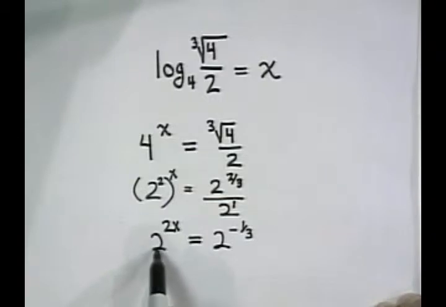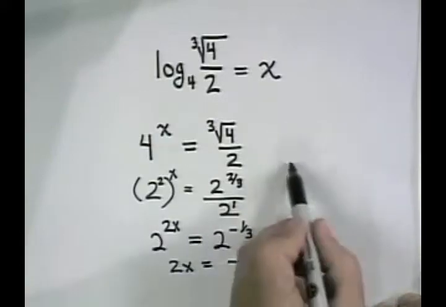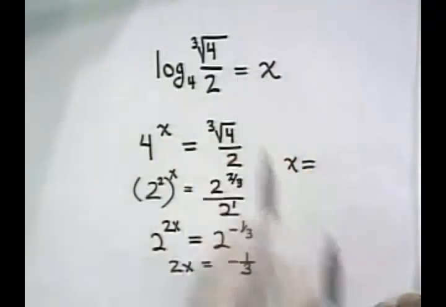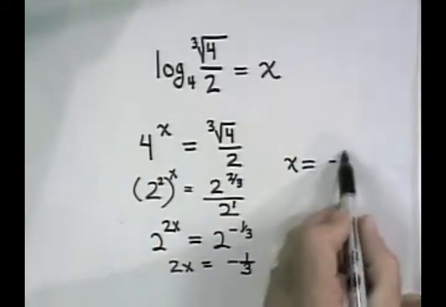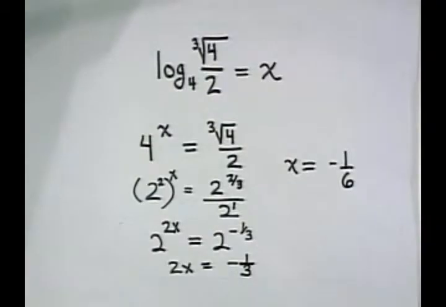We now see that if 2 to the 2x power is 2 to the negative 1/3 power, well, then 2x must be negative 1/3. Dividing both sides by 2, we would find that x, remember x is the evaluation of our logarithm, is negative 1/6. And that's the solution.